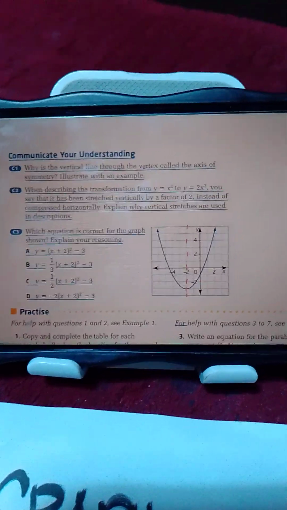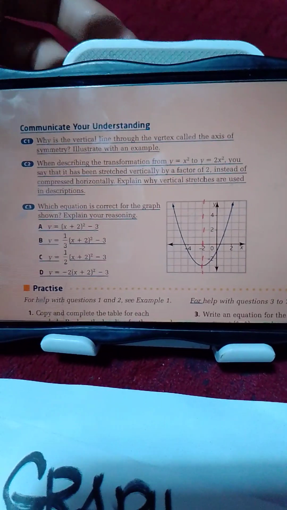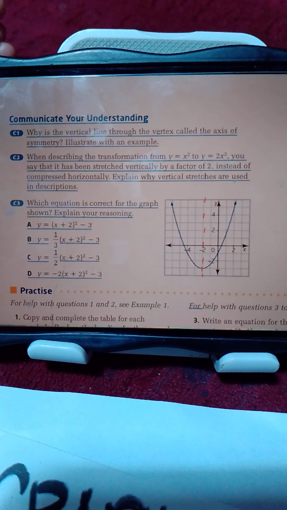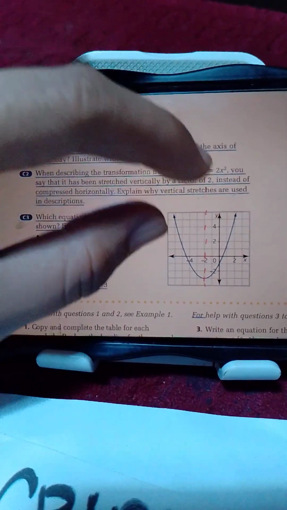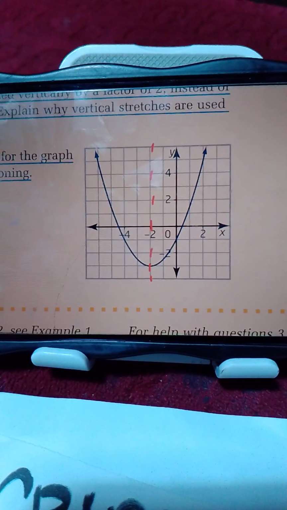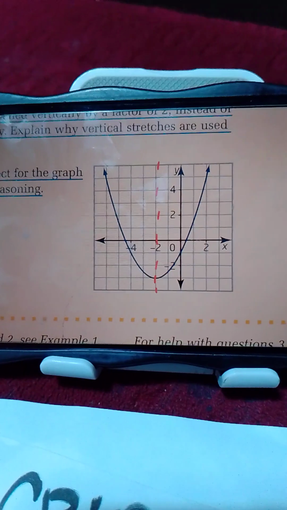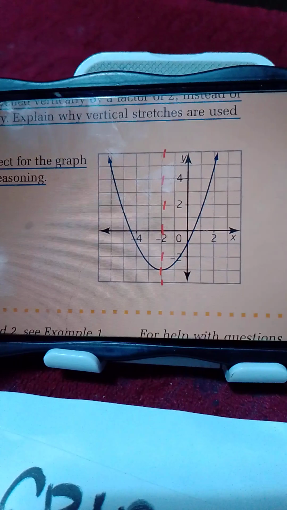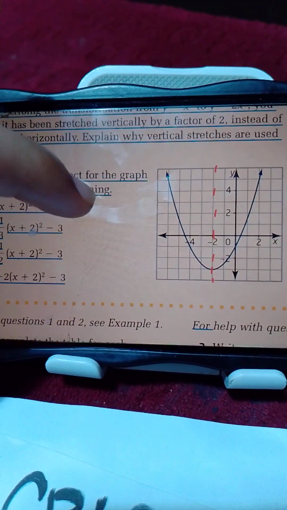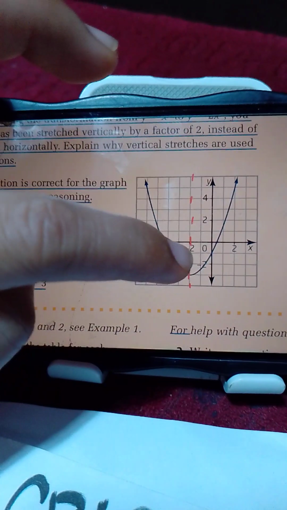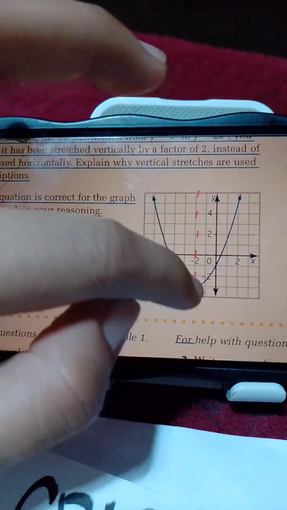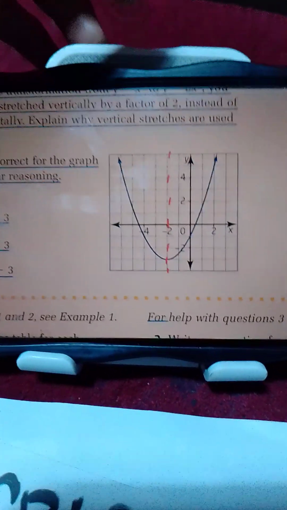Now let's go to communicate your understanding. Why is the vertical line through the vertex called the axis of symmetry? Illustrate with an example. I use this graph to illustrate the axis of symmetry. It passes through the vertex, so the axis of symmetry here passes through negative 2, so x equals negative 2.